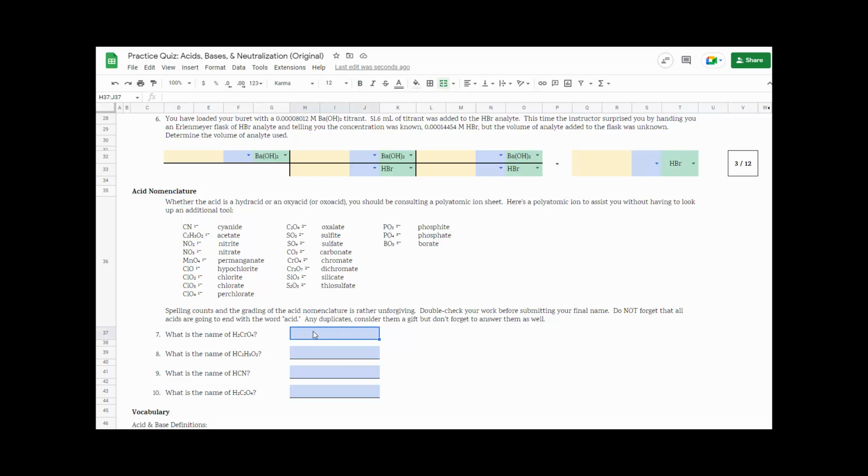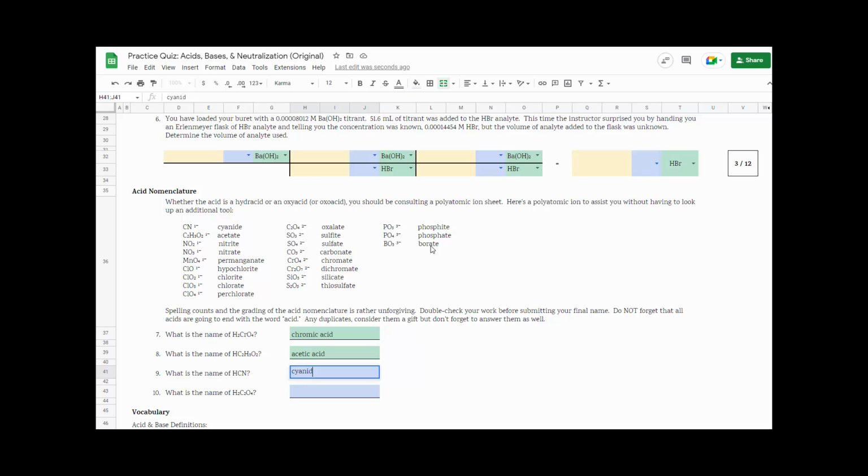Remember, with the acid naming, when we find a polyatomic ion that has an -ate or -ite ending, the -ates, like this is chromate, the -ates become -ic acids. We find that this was acetate, it becomes acetic acid. This one does not have any oxygen involved. It also doesn't end with -ite or -ate.